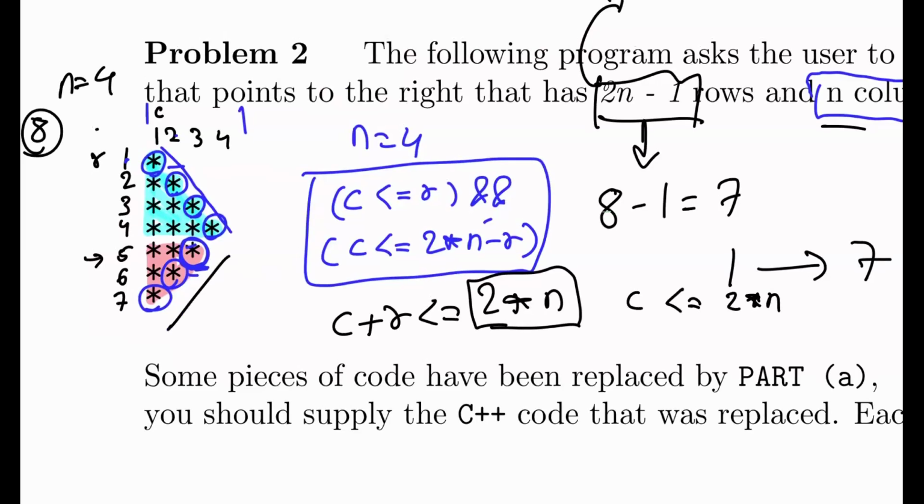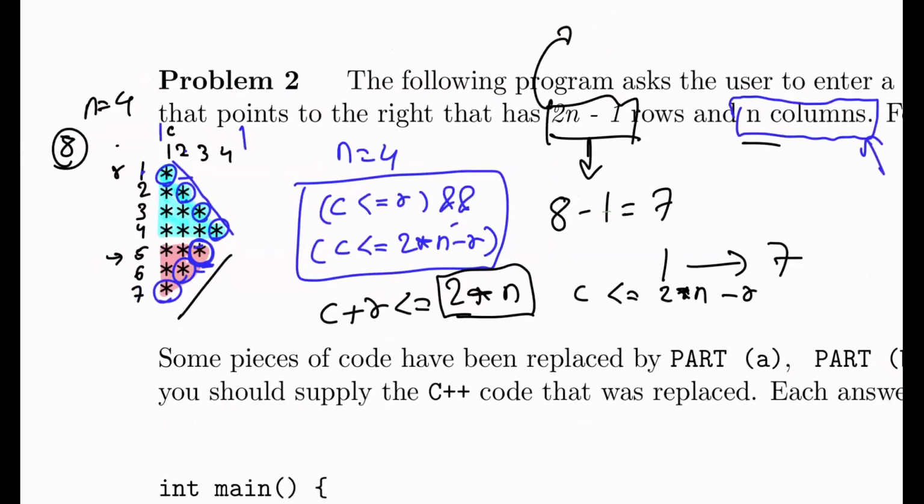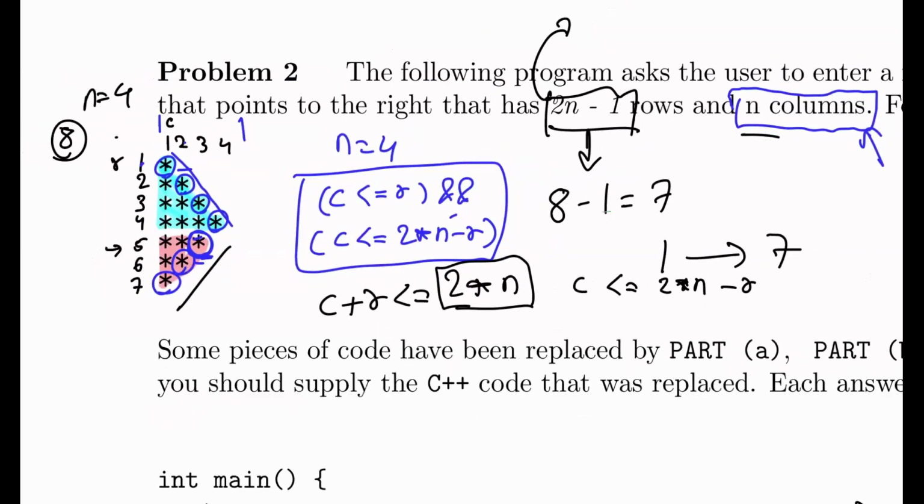I don't want that. What if I minus row? 8 minus 5 is 3. It won't always be greater than the column. Sometimes you need to test it out a little bit to see where that row and column came from. It is a little bit difficult to get.